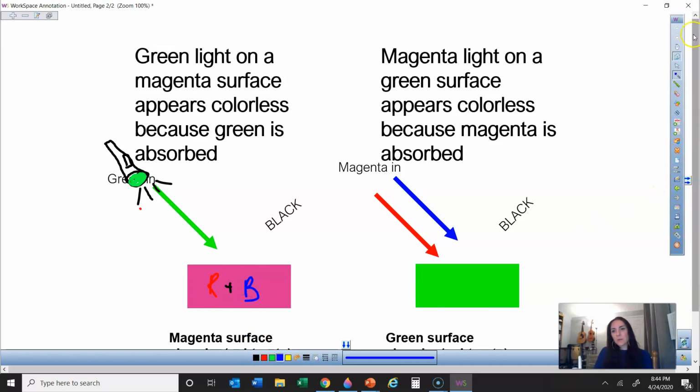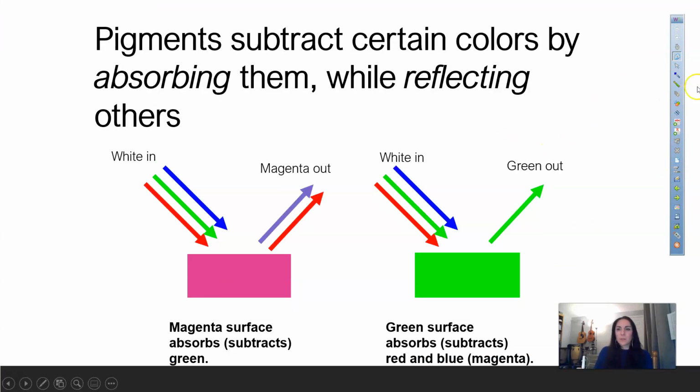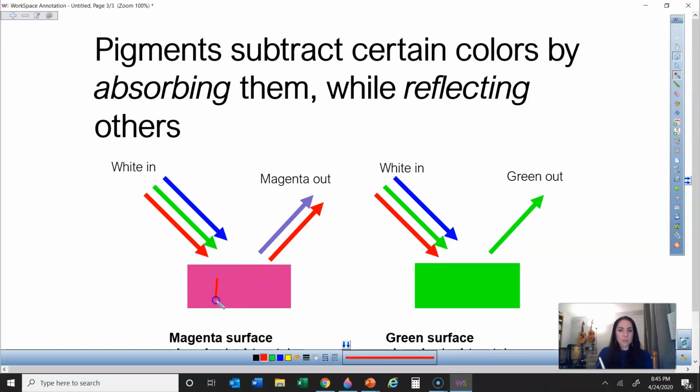In fact, let me take a quick step back here, and maybe this might make more sense. Magenta, like we said, is red plus blue. So notice what happens to the light, right? When the red comes in, it hits the red, and because red is already there, it goes back out.